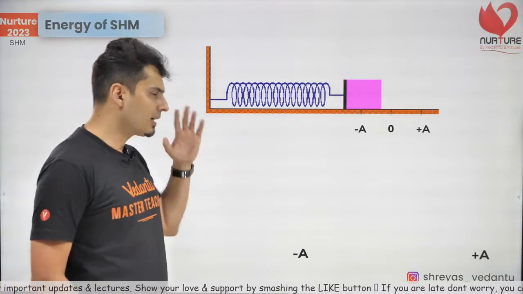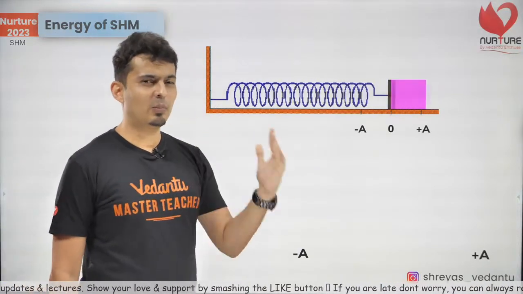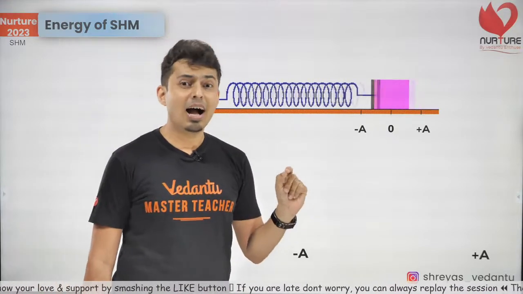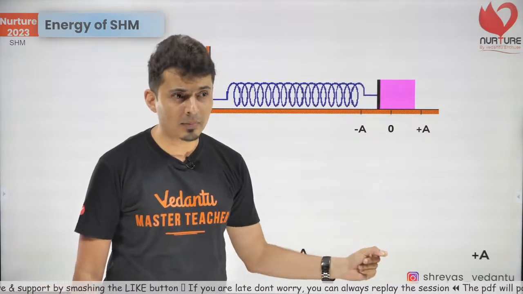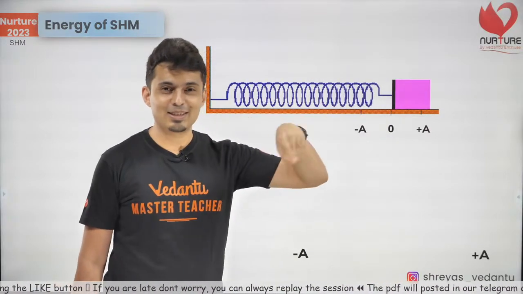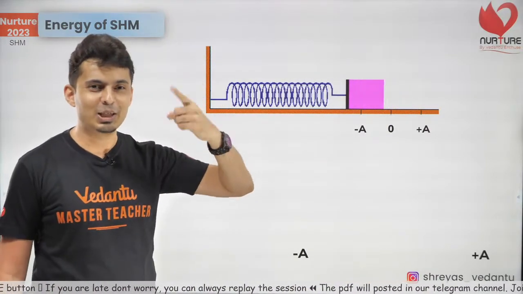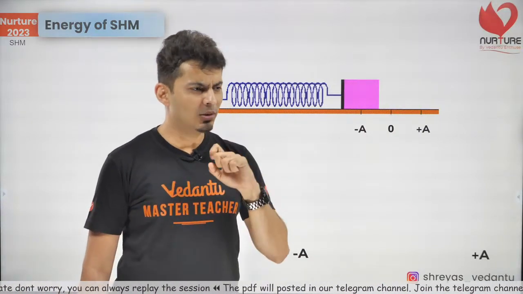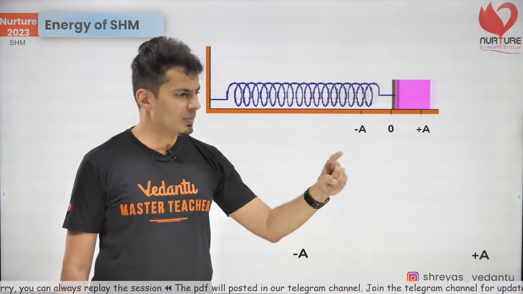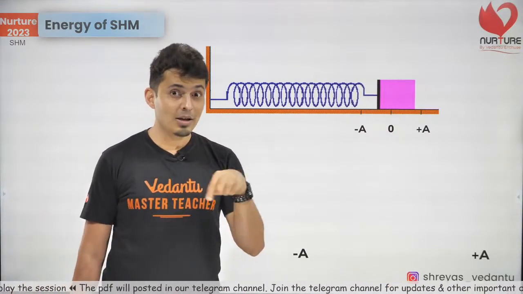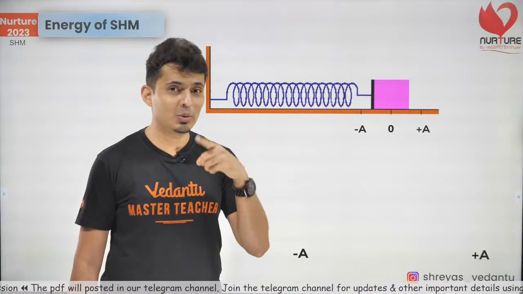Well, potential energy was half k x square, x square, parabola, quadratic equation. And total energy is constant, so it should be a straight line, correct? Total energy should be a straight line, potential energy should be a parabola, U-shaped.